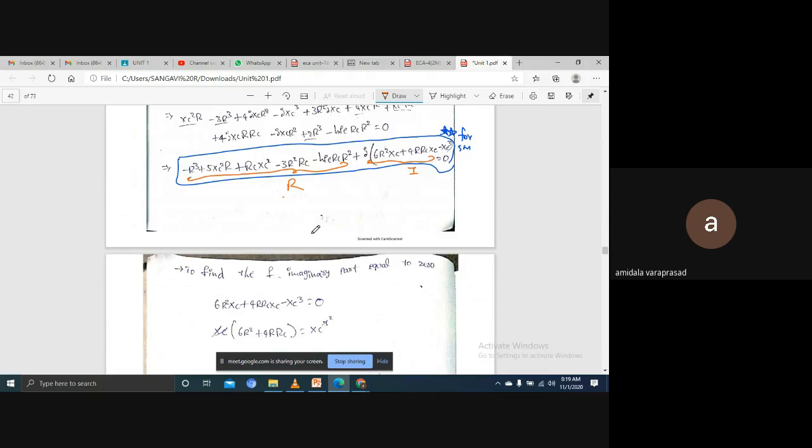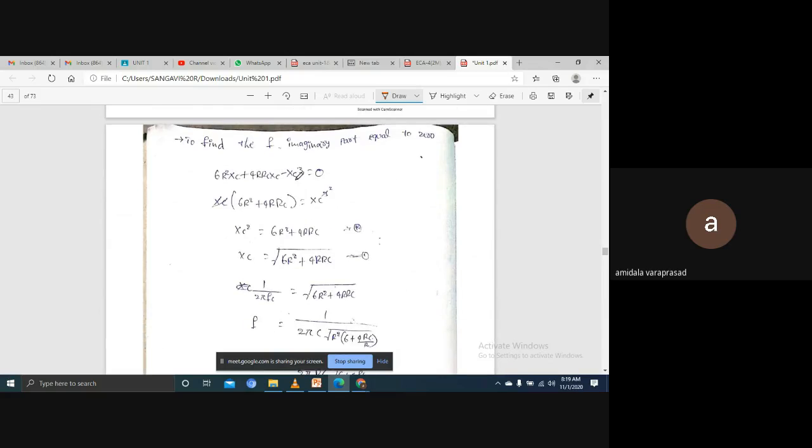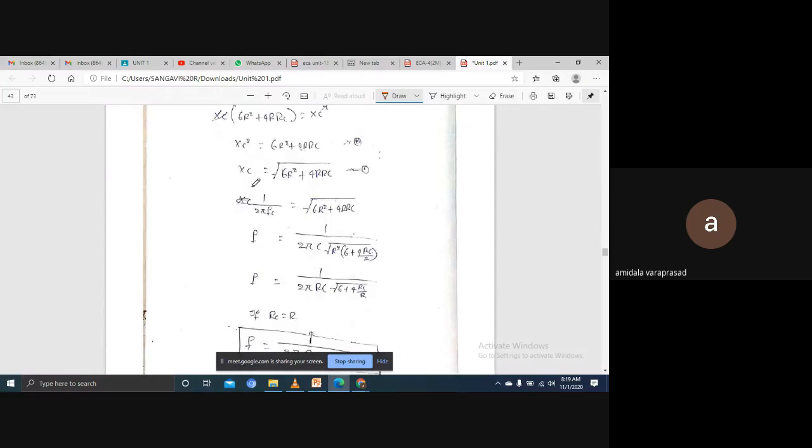To find the frequency, you can remember this: R square XC plus 4 into R into RC XC minus XC cube. From this, XC cube we can write on this side. XC is common, so one XC gets cancelled, giving XC square. Sending the square across, we get a root: XC equals 1 by 2 pi fC.